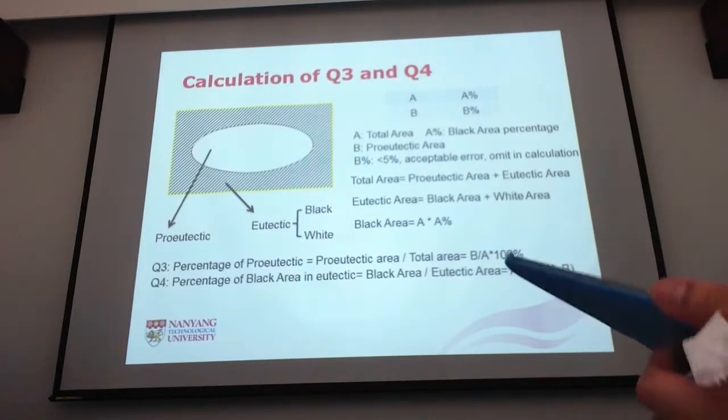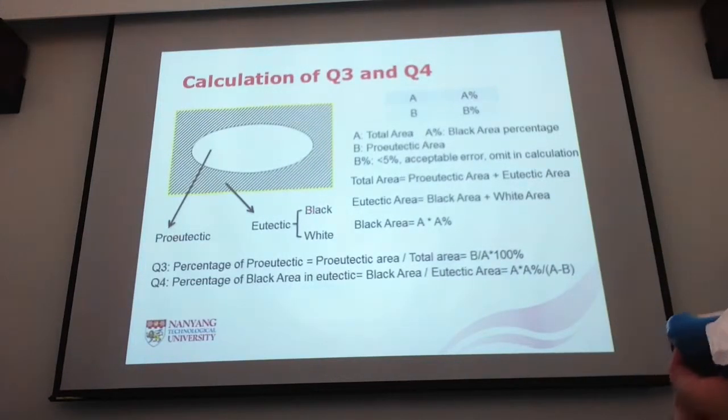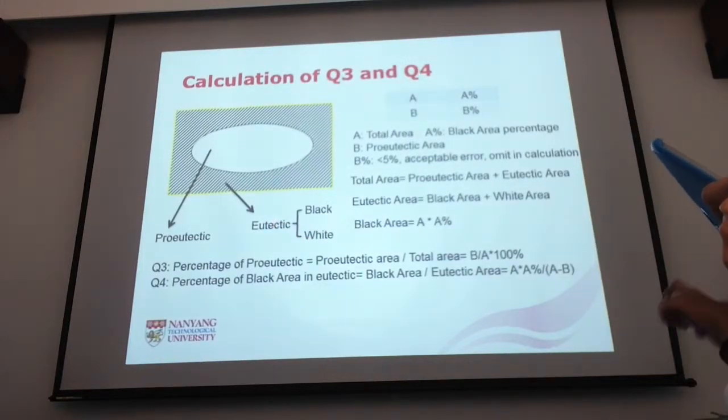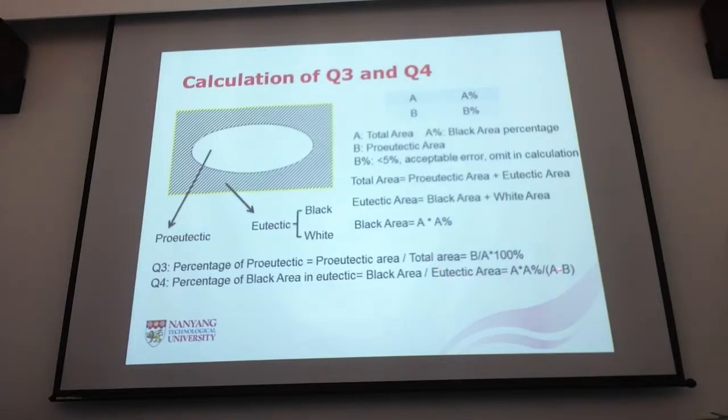Question 4 is to calculate the black and the white percentage in the eutectic area. The first step is to calculate the eutectic area. The eutectic area is the total area minus the proeutectic area, which is A minus B. And the black area is A multiplied by A%.